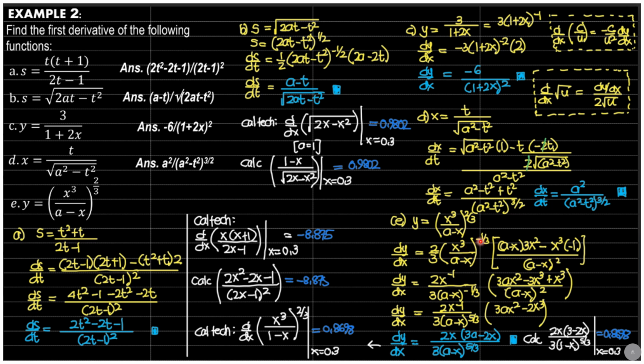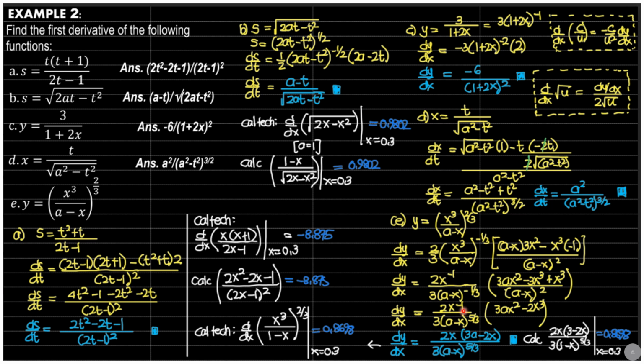So x cubed to the negative 1/3 is x to the negative 1. Then divided by 3, divided by quantity a minus x to the negative 1/3. Then let's simplify this into 3ax squared minus 3x cubed, then plus x cubed all over a minus x quantity square.